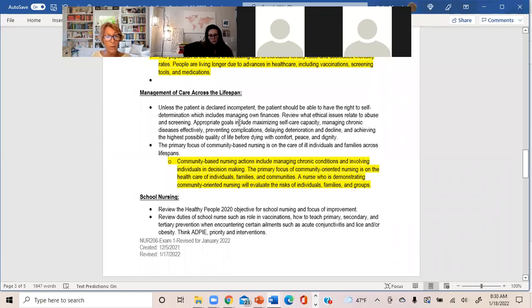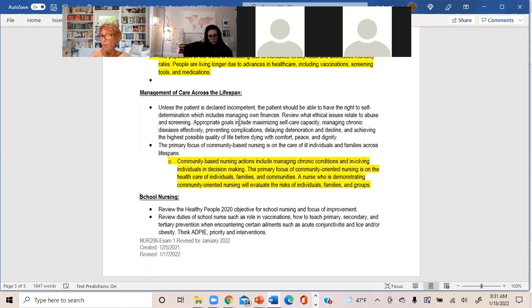Elderly are very at risk for abuse: financial abuse, emotional abuse, psychological abuse, physical abuse, right? And so we want to make sure that whoever's caring for them is doing it in good faith. For example, if an elderly couple is deemed competent, why wouldn't they be able to participate in their finances and their decision making?